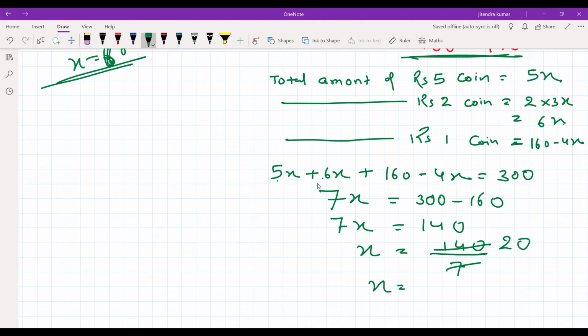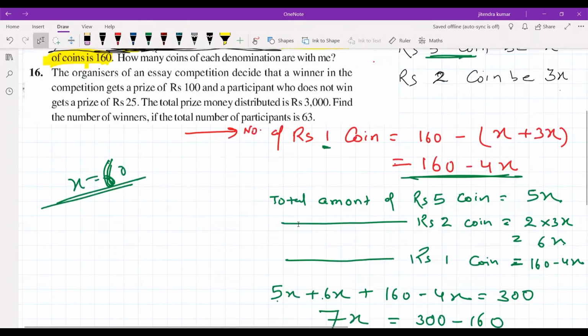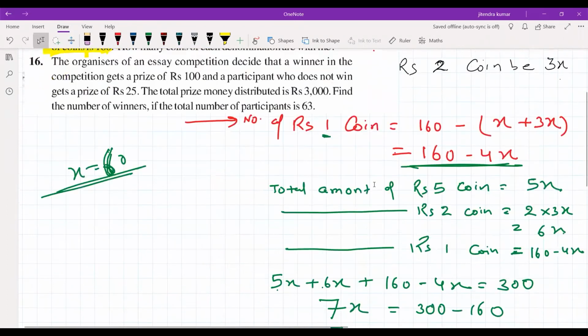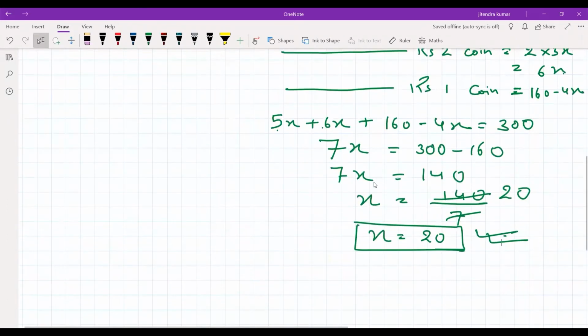So x is equal to 20. So rupees 5 coin is 20. So we will find the rupees 2 coin and 1 coin. So this is the rupees 5 coin, and this is equal to 20.